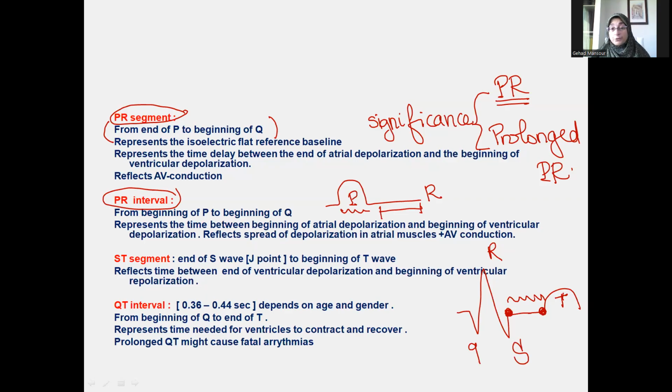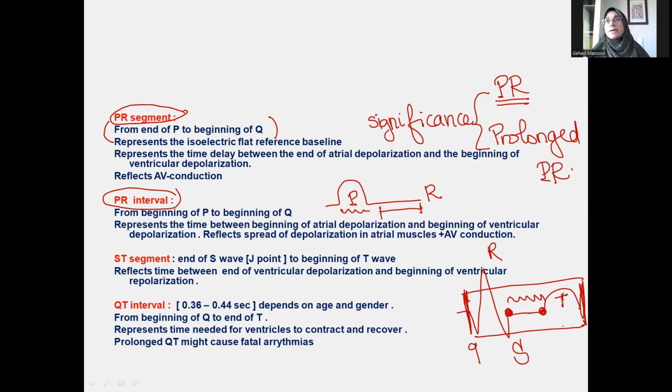The QT interval starts at the beginning of the Q wave here and ends at the end of the T wave, and therefore it includes all this. It includes the time duration needed for ventricular depolarization followed by ventricular repolarization.